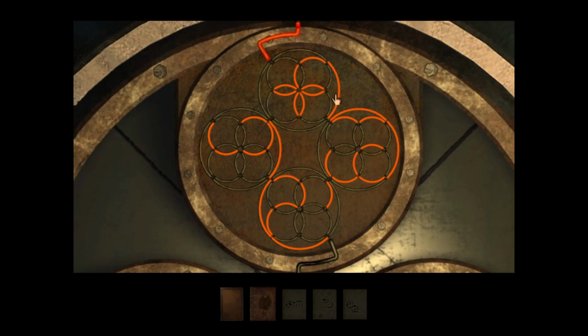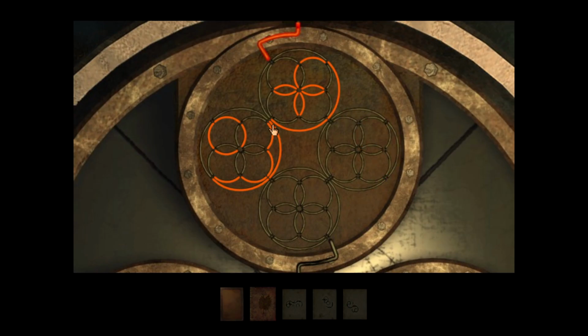Is that nature? That's nature. There we go. Encourages. Nature encourages mutual dependence.